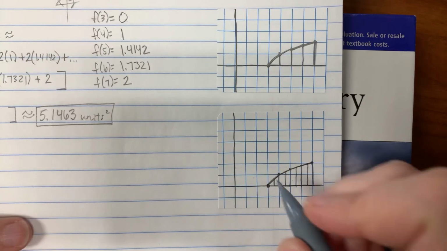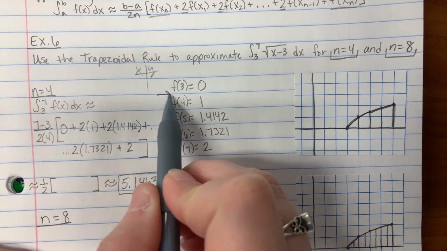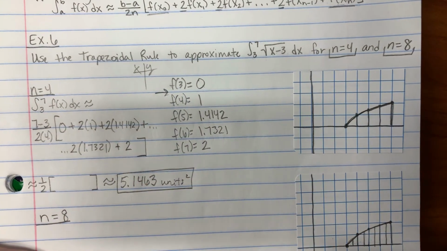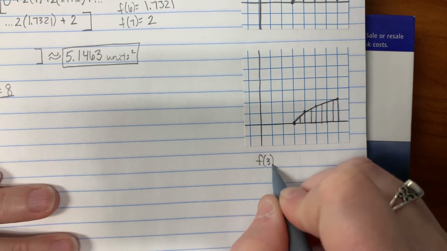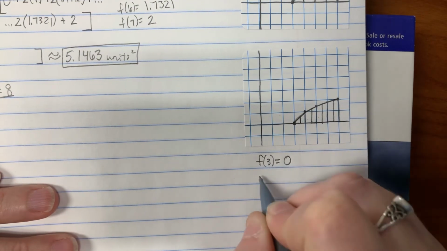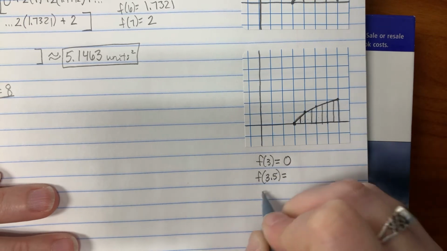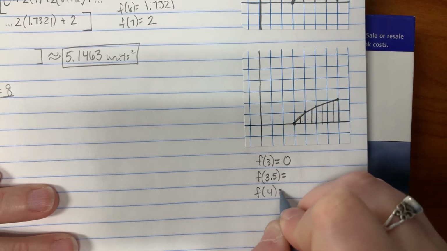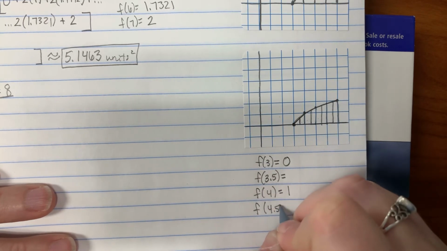So now I have to think about not just f of 3, but I also have to think about f of 3.5, right? So let's write them down here. I need f of 3, which we already found was 0, but now I also need f of 3.5. I also need f of 4, which I already found was 1, and I need f of 4.5.